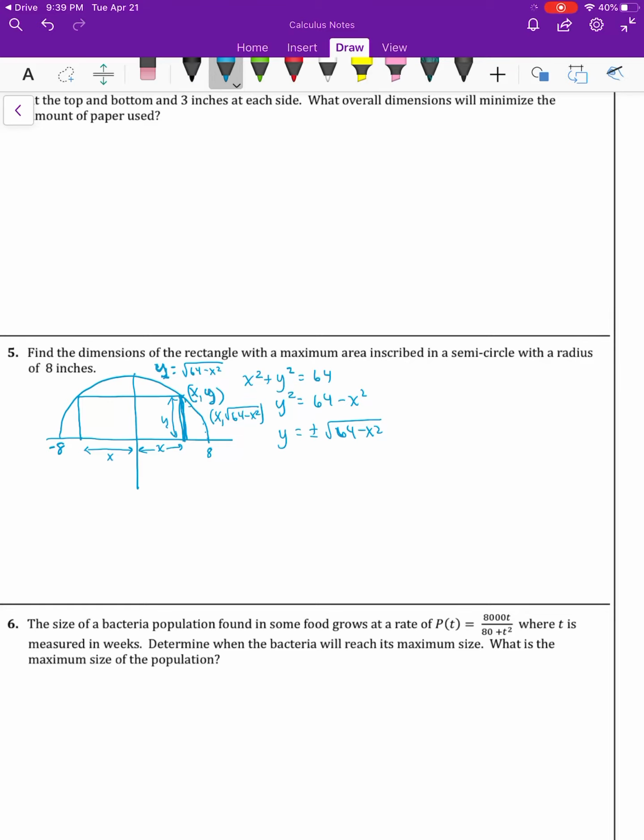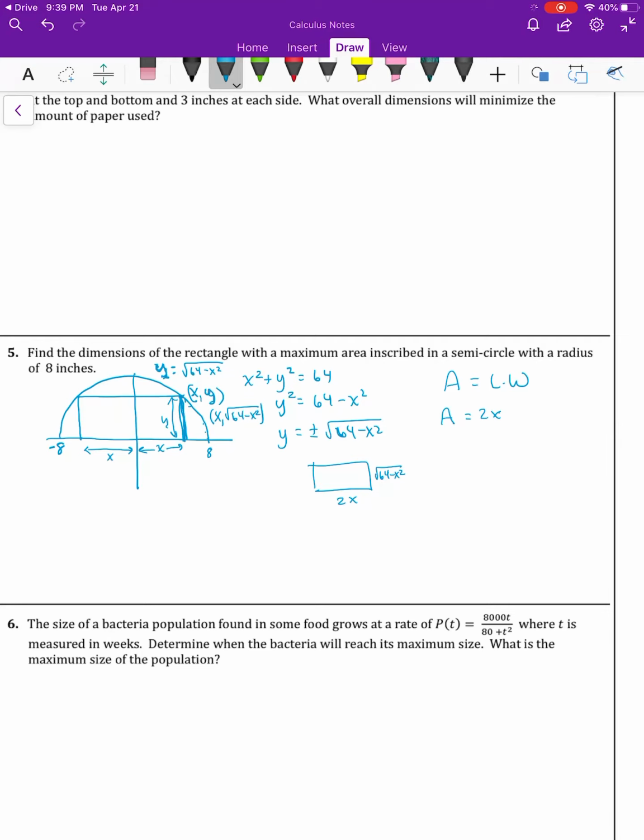We're going to call this point x comma square root of 64 minus x squared. But when I say it's symmetrical, this right here is also x. Even though my picture doesn't make it look like that because I goofed and it's not perfect, hopefully you can see that those circles centered at 0, 0 are symmetrical like that.